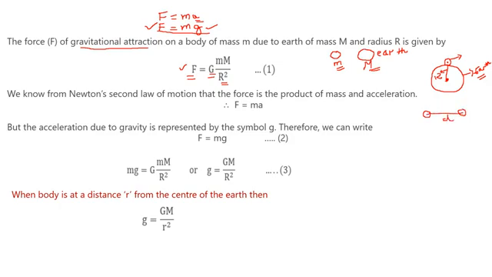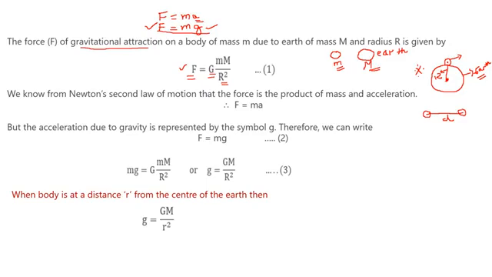But here, because one of the objects can be anything on the Earth and the other is the Earth, obviously the distance between the two objects will be considered as the radius of the Earth. This is a very important concept from the point of view of the exam.